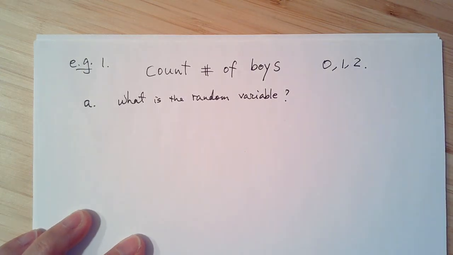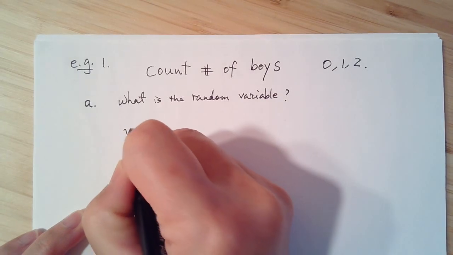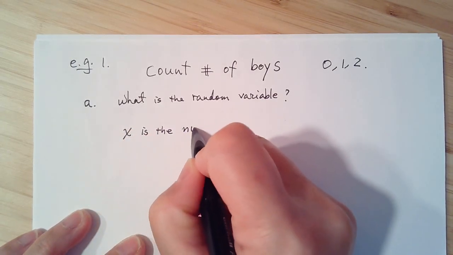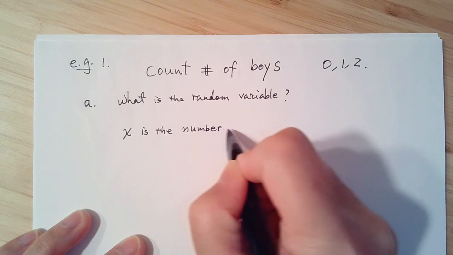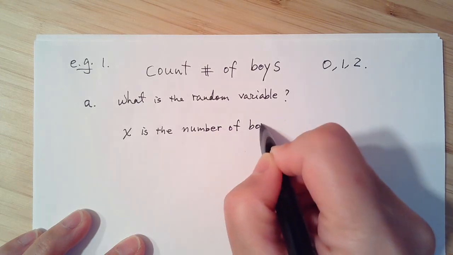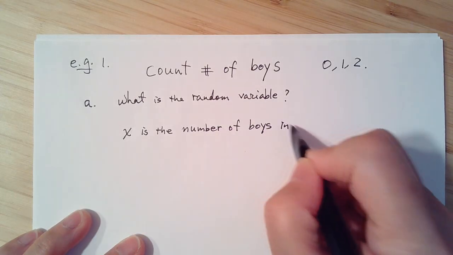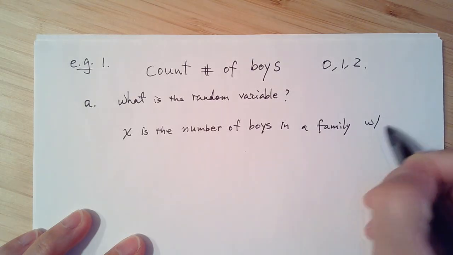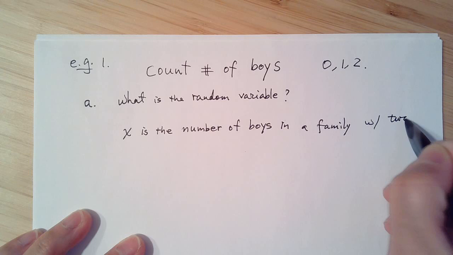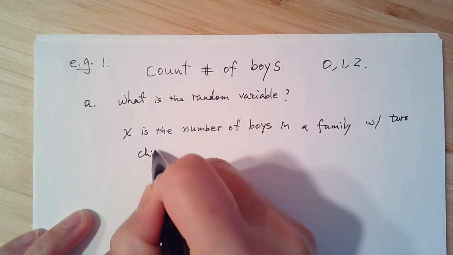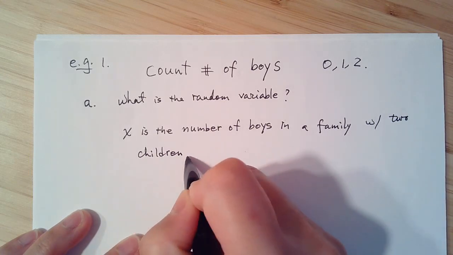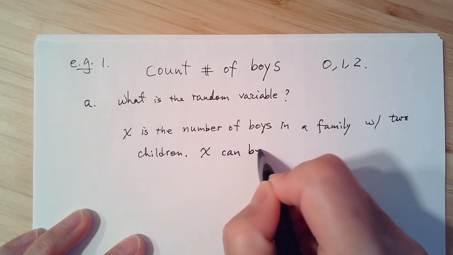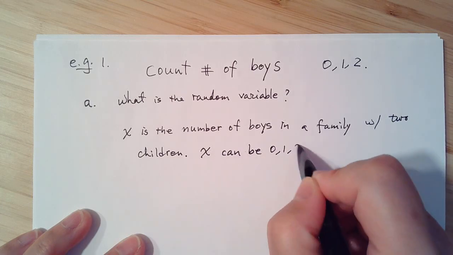Your answer is X is the number of boys in a family with 2 children. X can be 0, 1, 2.